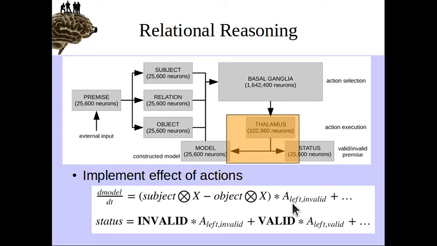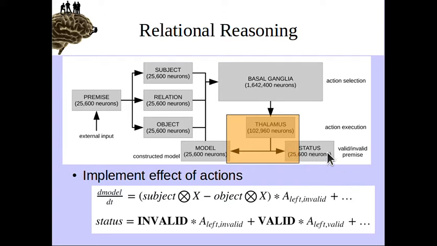Now what I need to do is implement some function that says, based on what that variable is, produce some behavior. And again, everything has to turn into functions in differential equations. One easy one is this status output.